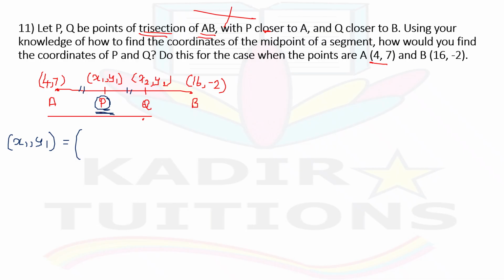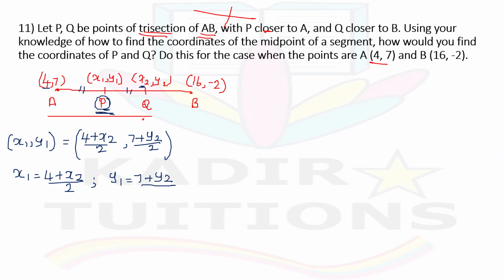So 4 for A, and the x coordinate of Q is x2. I can write this as (4 plus x2) by 2 and (7 plus y2) by 2. From this formula, I can write x1 equal to (4 plus x2) by 2 and y1 equal to (7 plus y2) by 2.